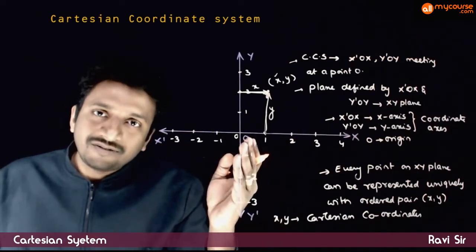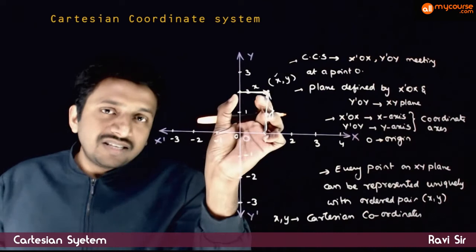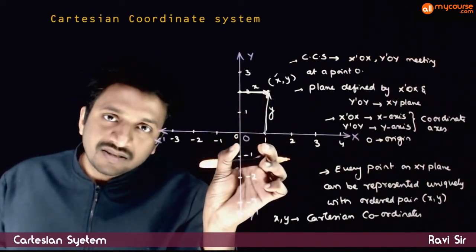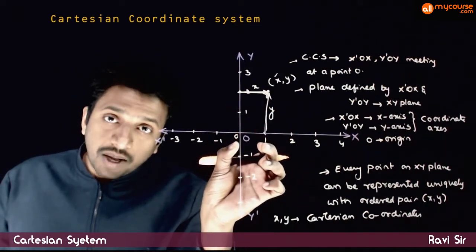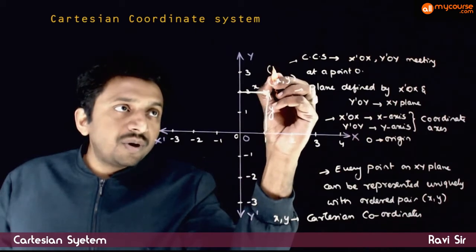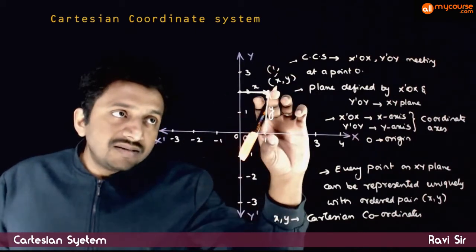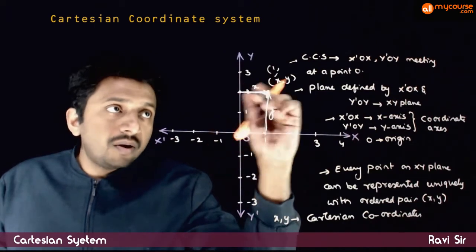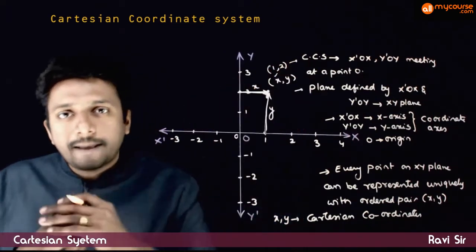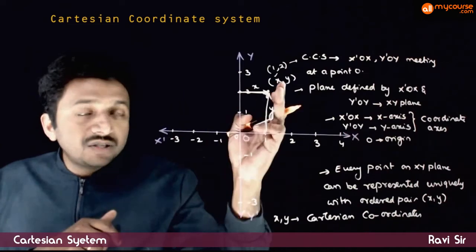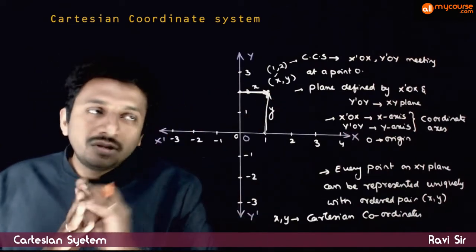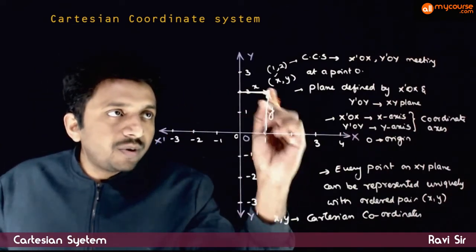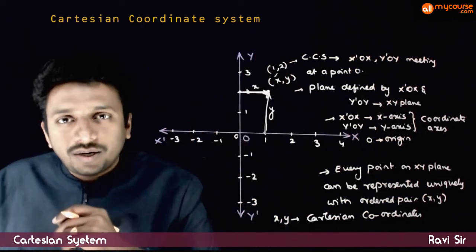As you can see from this figure, this distance is found to be 1, so the x-coordinate of this point is 1. This distance is exactly the same as this one, so the y-coordinate is 2. So the coordinates of this point are 1, 2, and the point corresponds to the ordered pair 1, 2.